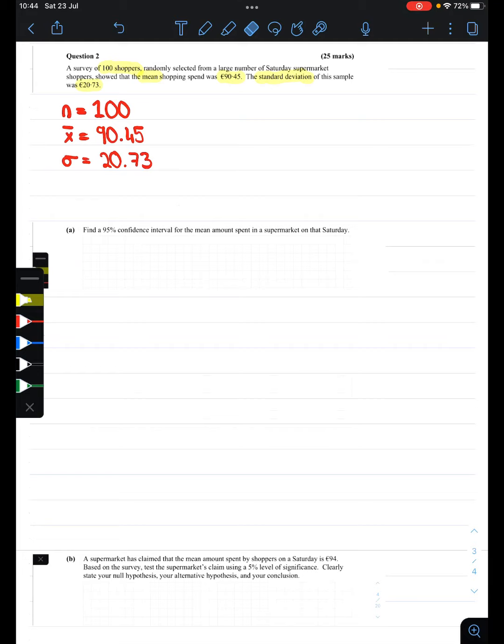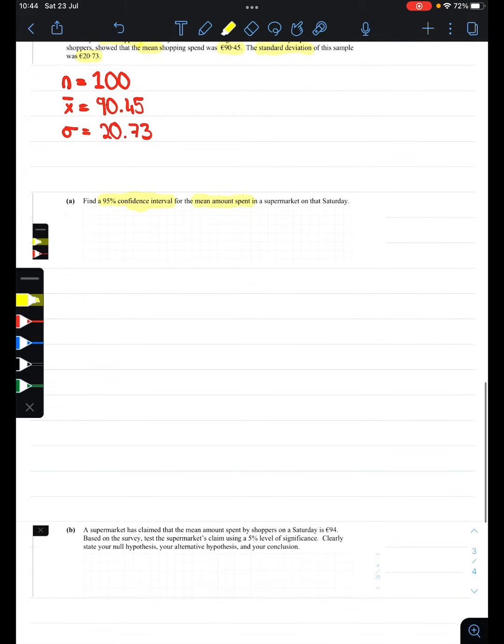So we want to find a 95% confidence interval for the mean amount spent in a supermarket. So we have the sample mean, we're trying to find the true mean.